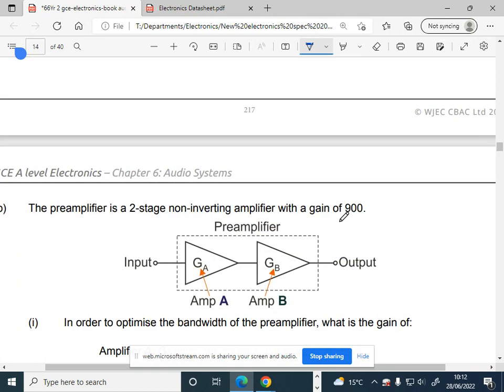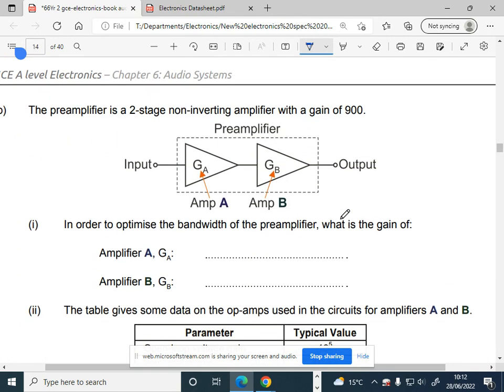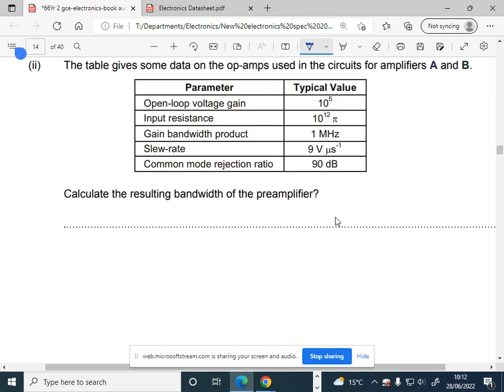I've done that bit. And then finally, this is all about maximizing the bandwidth. Remember, the lower the gain, the higher the bandwidth. That's why we put two stages together. So in order to optimize the bandwidth, we need the lowest gain possible. Literally take the square root of 900: 30 and 30. Think about it, 30 times 30 is 900. If I went for something like 450 and 2, that would be rubbish because that's still quite a high gain. The best case scenario you can ask for is take the square root. Can we work out the bandwidth?